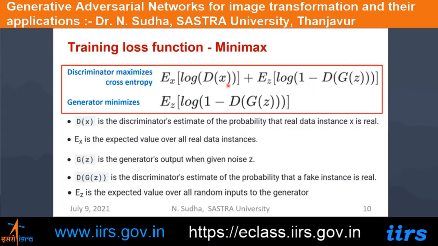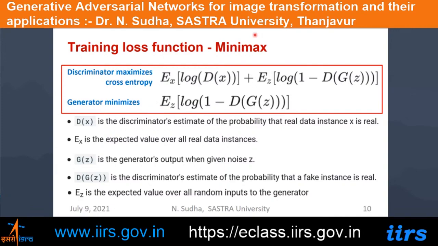So the loss function has both the real image related term as well as the fake image related term. But when it comes to the generator, you are trying to minimize this loss function. The generator only controls the term where the input is the fake image. So the discriminator tries to maximize this, but the generator tries to minimize this. That's why it is called minimax, because it's adversarial.